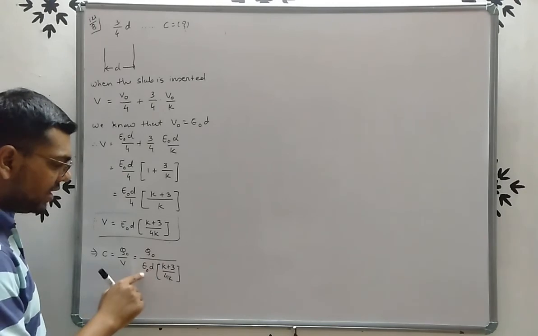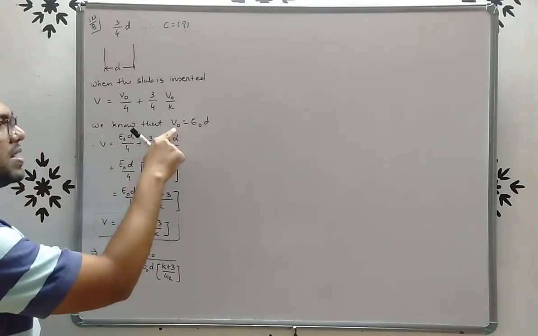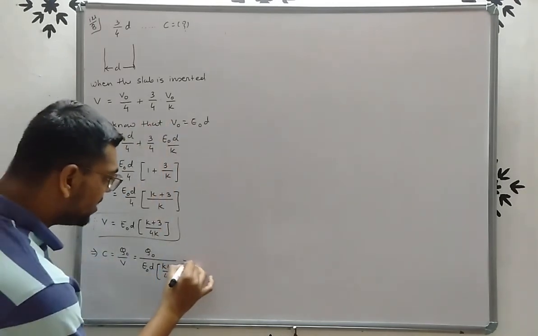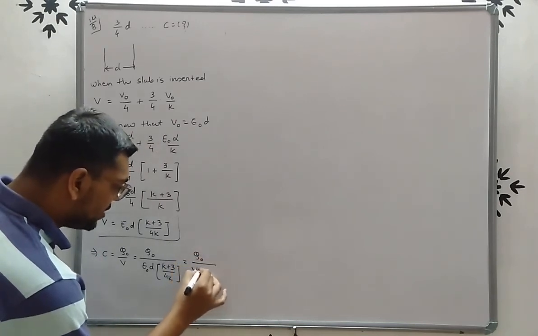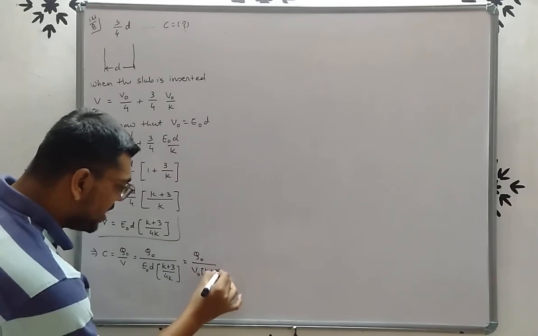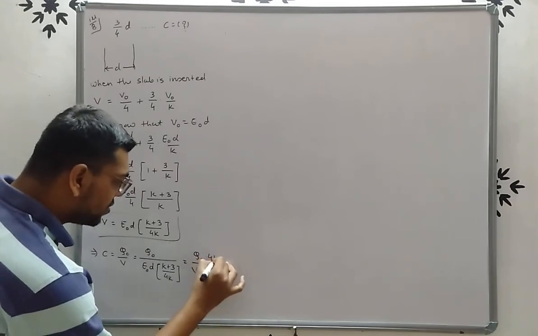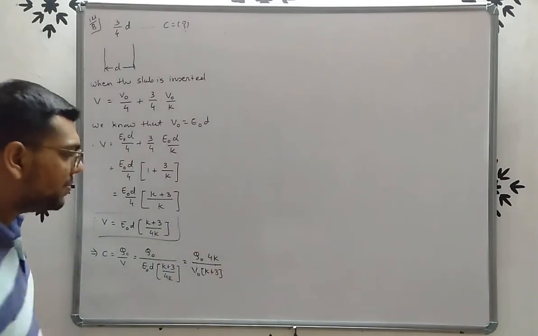But we know that E0D is V0, because V0 is equals to E0D. So this is equals to Q0 upon V0 into K plus 3, and this 4K goes to the numerator.